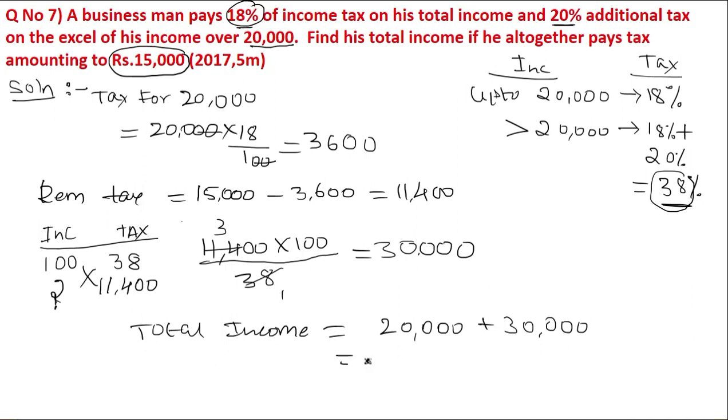How much will it be? 50,000. So the total income is 50,000. Correct?